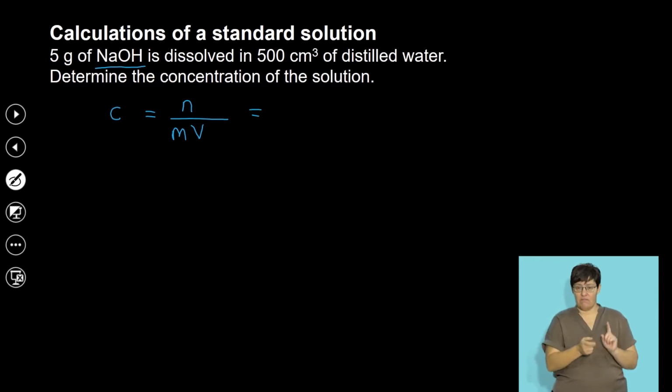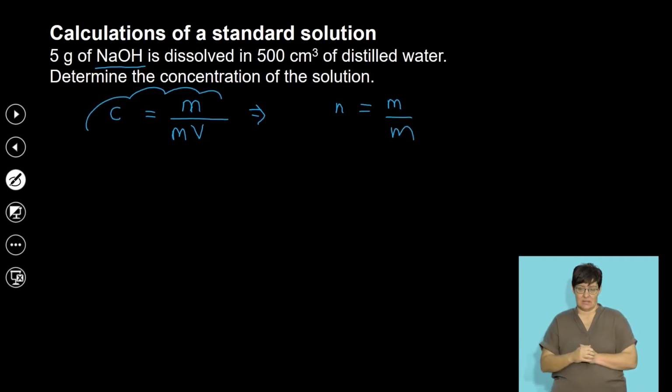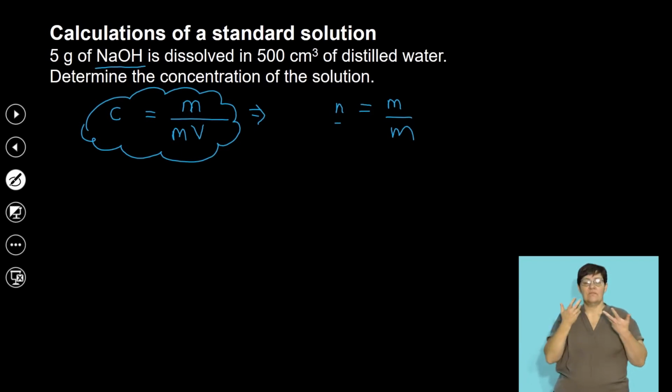So we know that the moles of this substance is, actually this is the mass, okay? The moles is equal to mass over molar mass. So this formula essentially takes into account the fact that we would already have determined the moles.